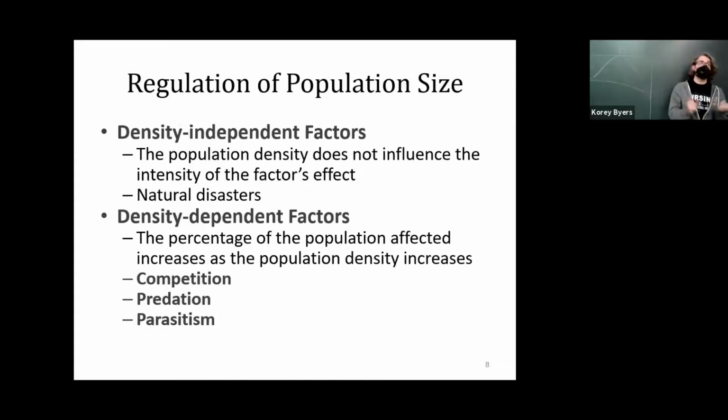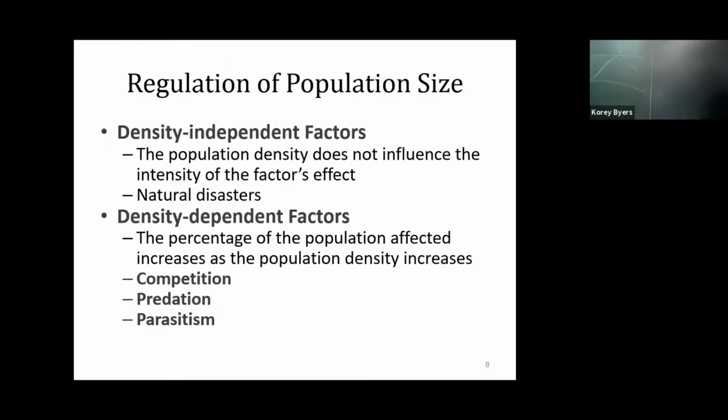And I think you can probably understand which one means which. But density independent means it doesn't matter how many organisms come through that given area. If we have this type of event, it's going to wipe out whatever's in the path. So a tornado or a flood. Doesn't matter how many organisms are in that area, it's going to affect them all the same.